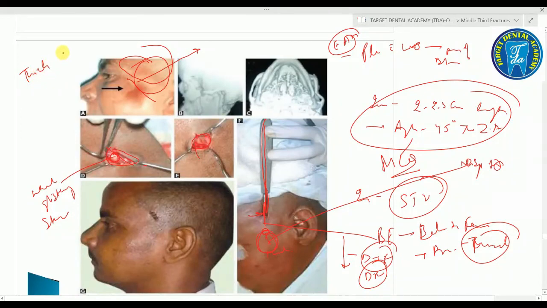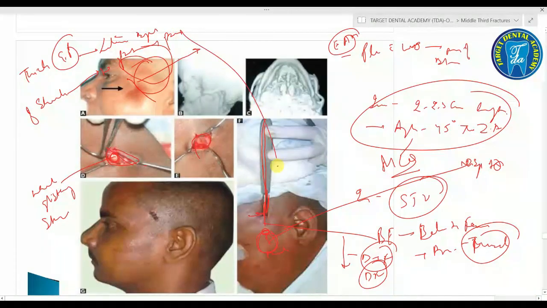A thick gauze piece is placed on the lateral aspect of the skull. Why? To protect it from the pressure of the elevator while reduction is going on. The tip of the elevator is manipulated in which direction?